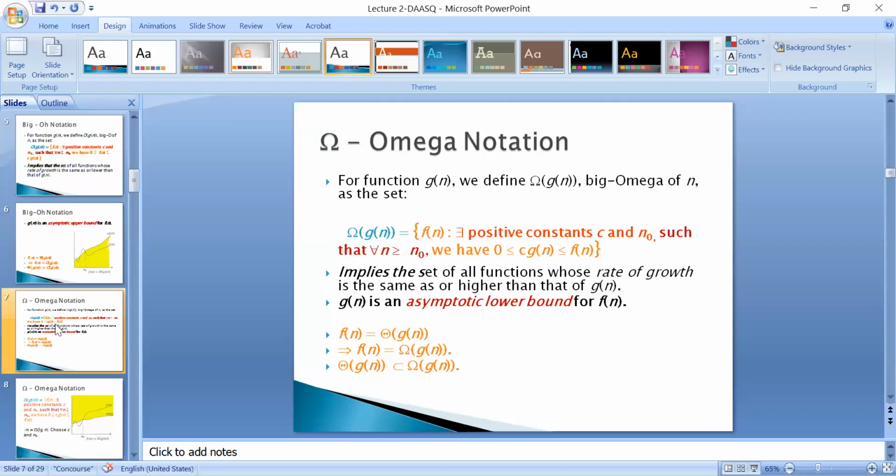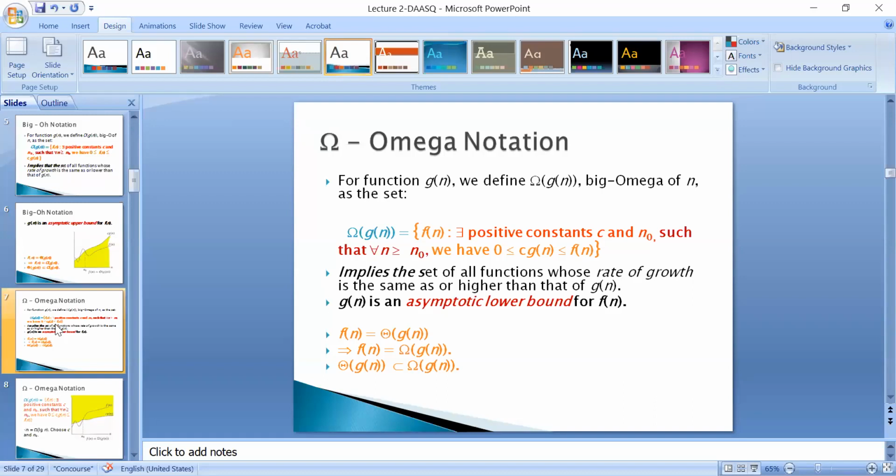f(n) is omega of g(n) if there exist positive constants c and n0 such that for all n greater than n0, again we have that breakpoint after which this equation is true, 0 is less than or equal to c·g(n), which is less than or equal to f(n), which means f(n) is greater than or equal to c·g(n). So the omega of g(n) is the set of all functions whose rate of growth is either the same or higher than that of g(n).